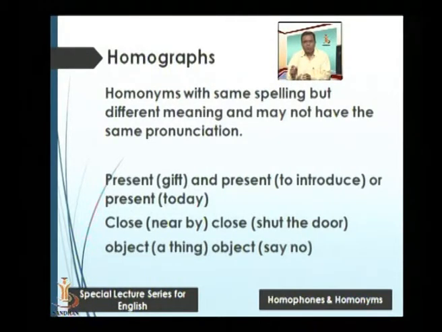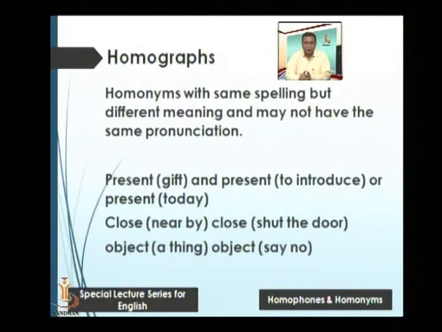So here this word object is used for a thing, for a tool, for something. Why did you object? Why do you object to this idea? When I use this word object here, then somebody is saying no to something.